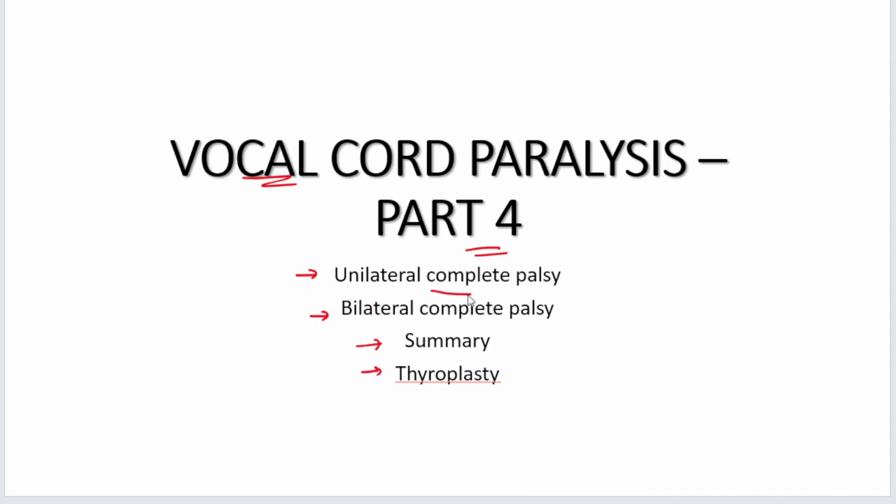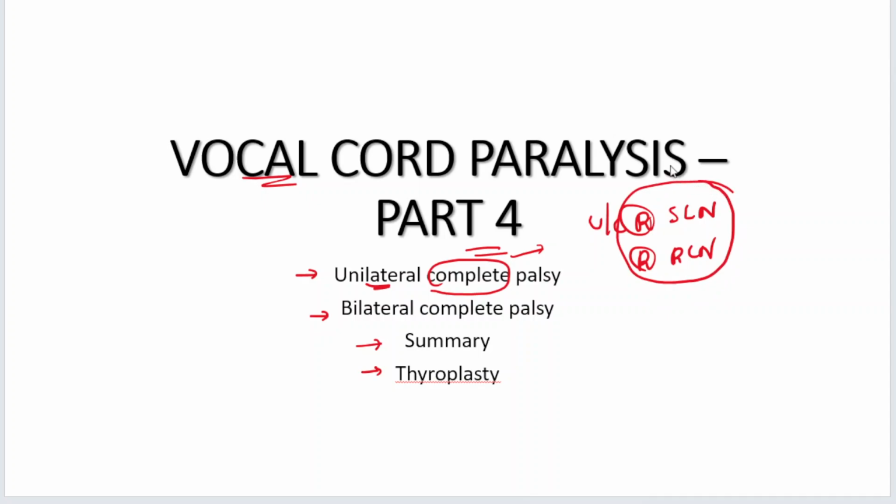Now, what do you mean by complete palsy? Complete palsy is a term used when, in this case unilateral, one side, suppose for example, the right-sided superior laryngeal nerve and right-sided recurrent laryngeal nerve are gone. There is some pathology affecting this. We can see this in some cases of bulbar palsy, where because of high blood pressure, the patient may end up in CVA, cardiovascular accident.